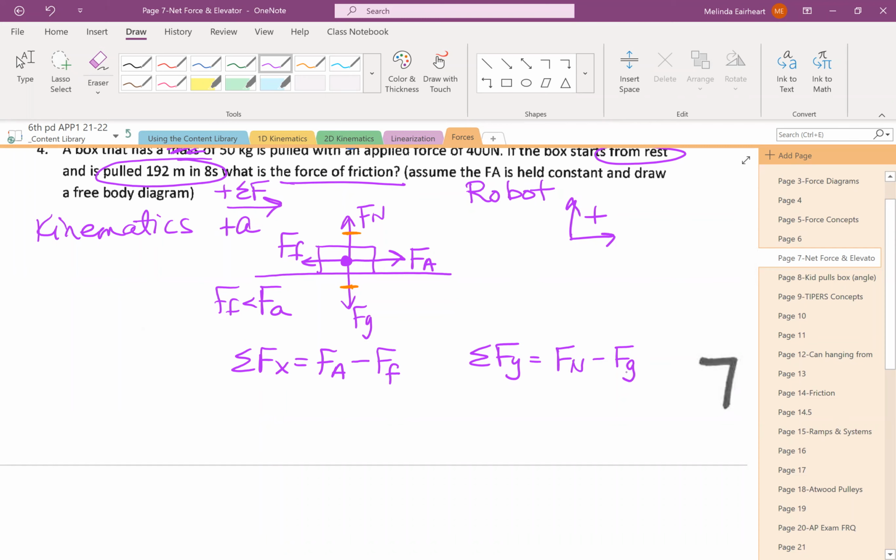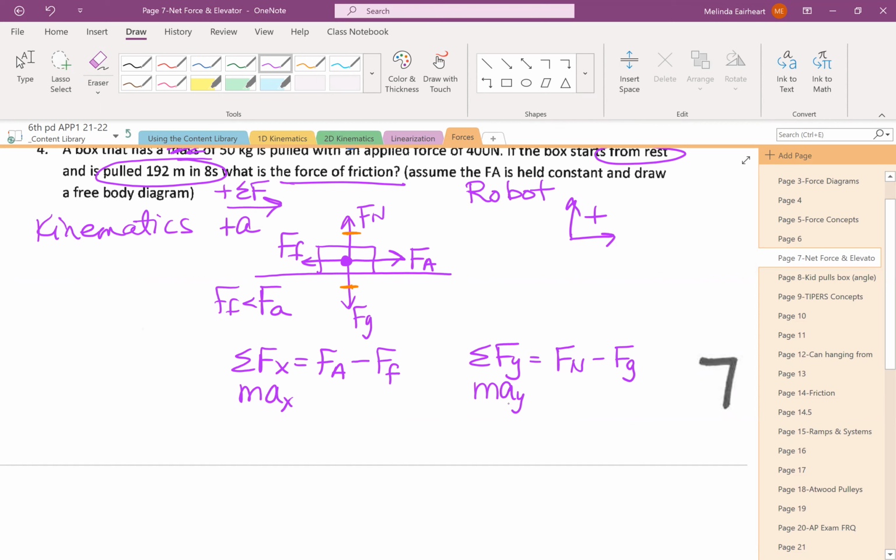If I sent you on a scavenger hunt of the formula chart, I promise you won't find a single Fnet statement. The only thing close is Fnet equals ma, which we'll do here. Both of these have ma, but notice I'm using ax and ay. The acceleration that this box is going to have will be in what direction? Y'all know this. It's a box moving in the horizontal.